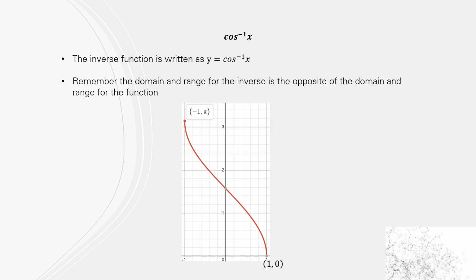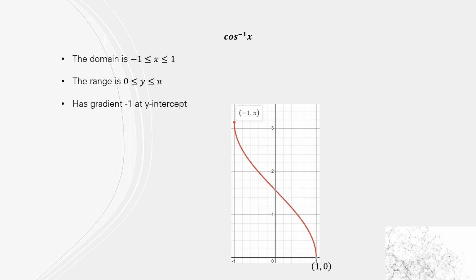The domain and range of the inverse are the opposite to what they were for the function. So we've got a domain from minus 1 to 1 and a range from 0 to pi. It has a gradient of minus 1 at the y-intercept. So if the tangent was there, the gradient would be minus 1.